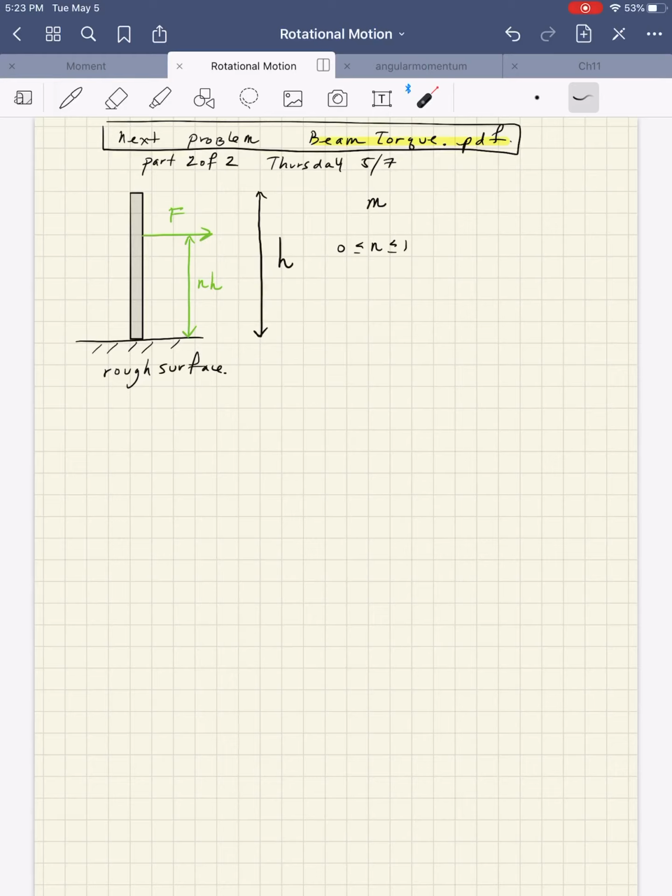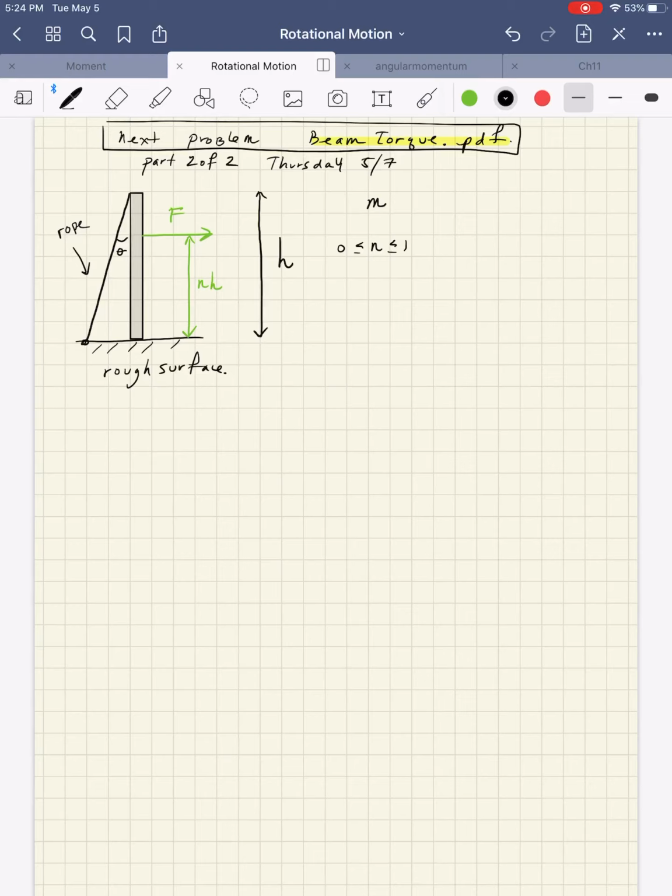And in addition to the force, there's also a rope right here at an angle of theta with respect to the vertical that's attached to the floor at this point.